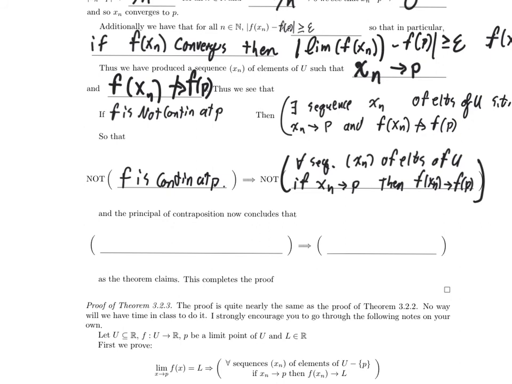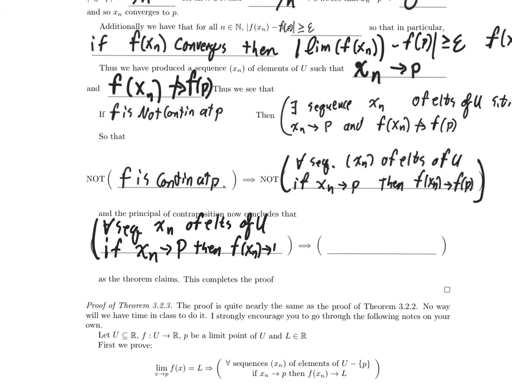So, writing that, the principle of contraposition concludes that if for every sequence x sub n of elements of U, x_n converges to p implies that f of x sub n converges to f of p, then f is continuous at p.